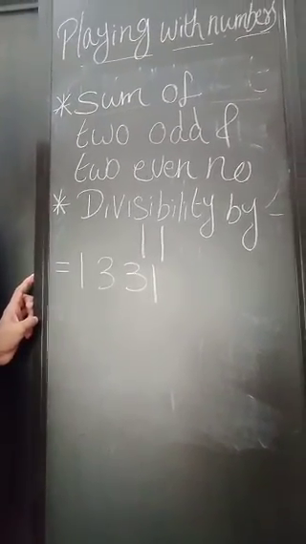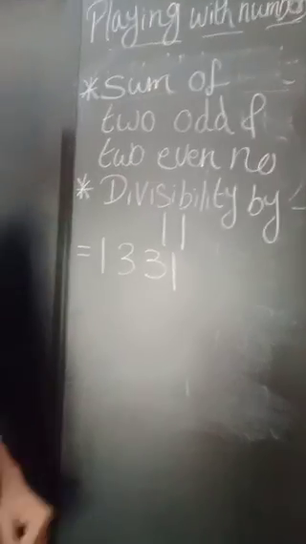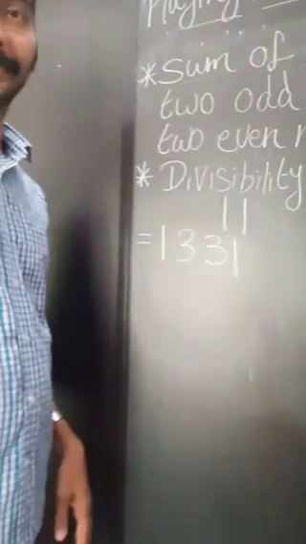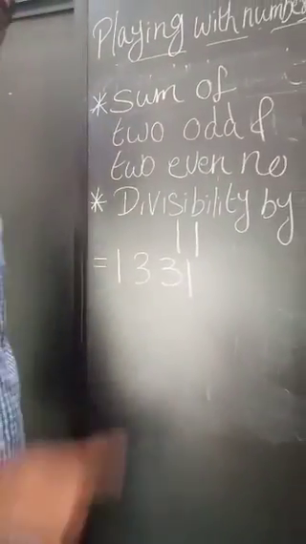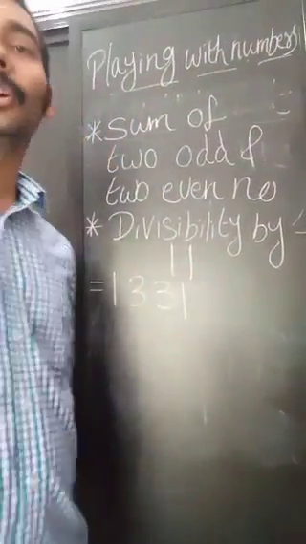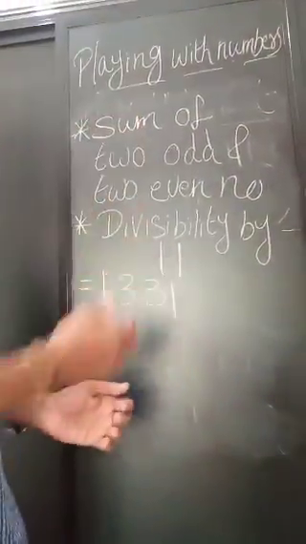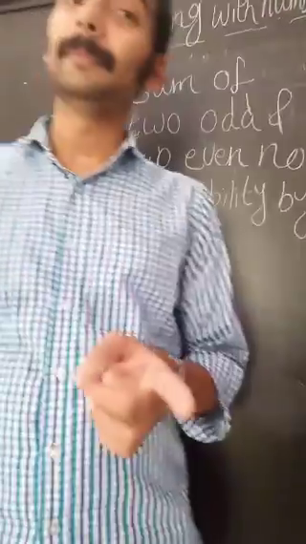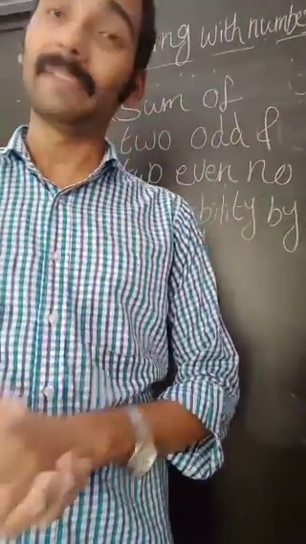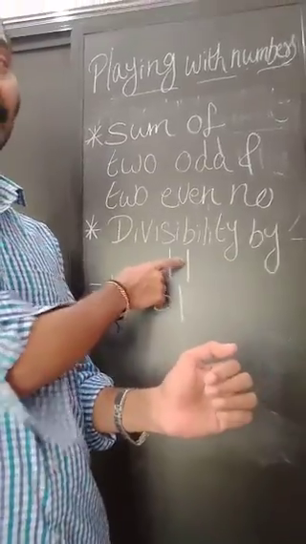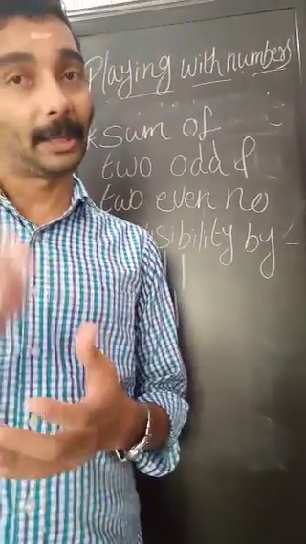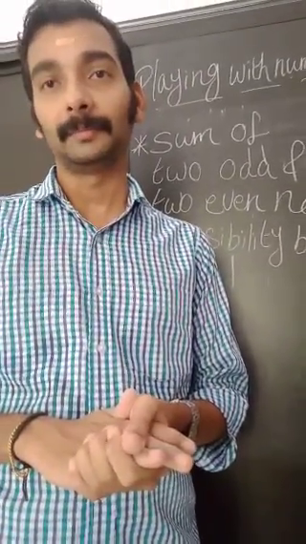You write the divisibility rule. Clear? Then you write these questions in your notebook. Very important, divisibility by 11.